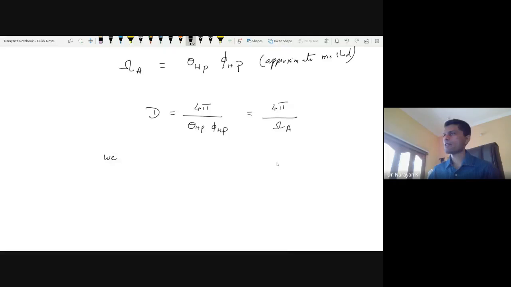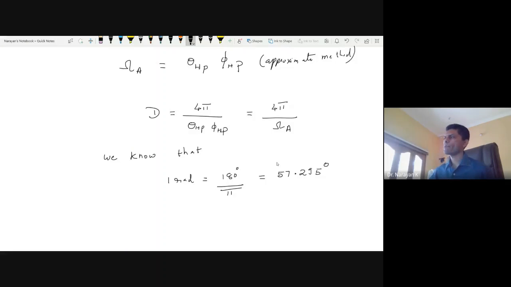We know that 1 radian is equal to 180 degrees by pi, which is 57.295 degrees.